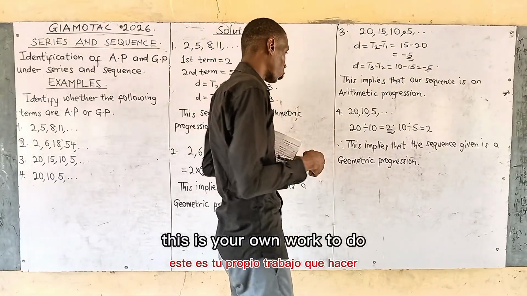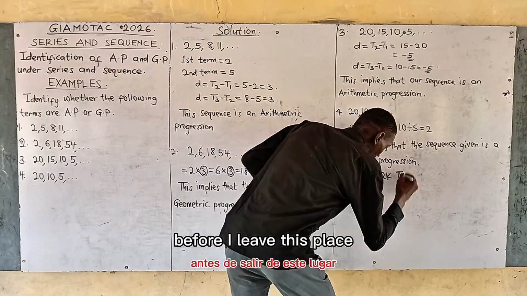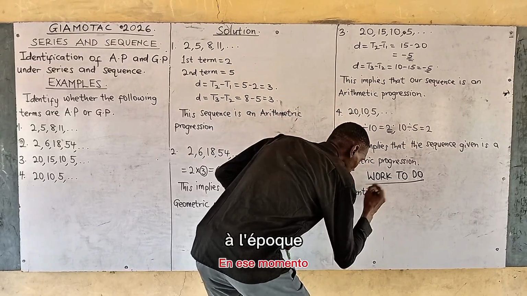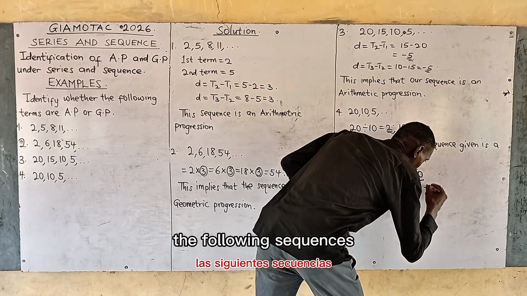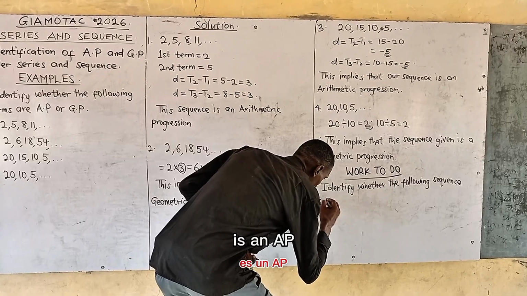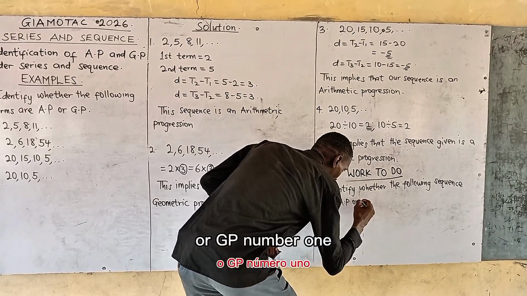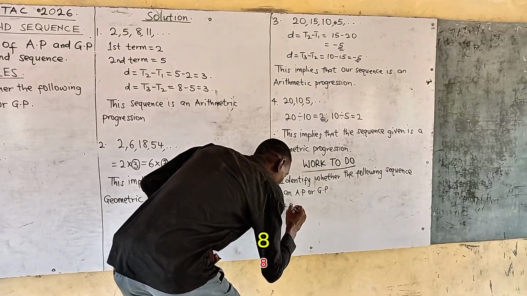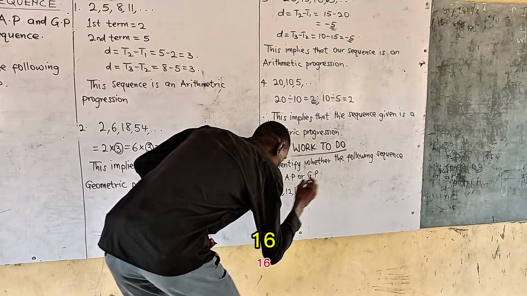This is your own work to do. Before I leave this place, try this out. Identify whether the following sequences are an AP or GP. Number 1, 4, 8, 12, 16.